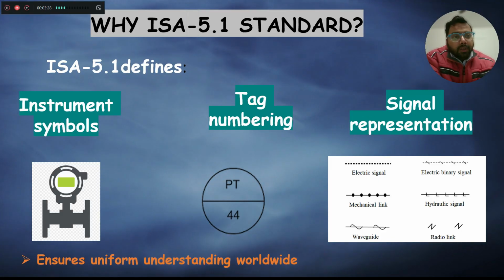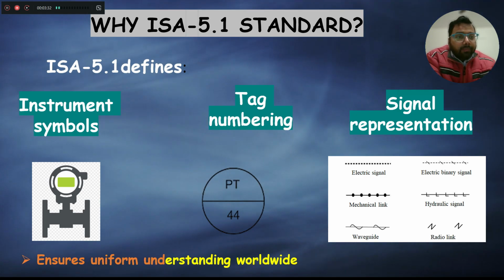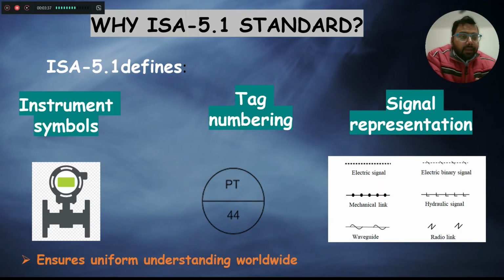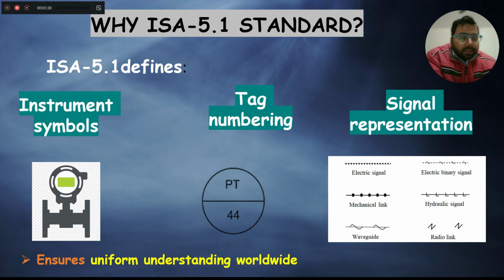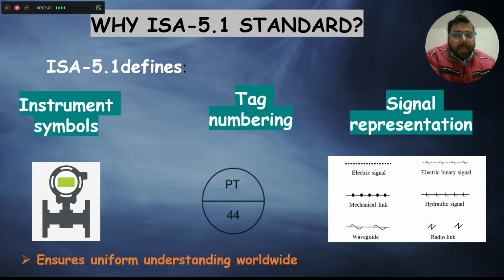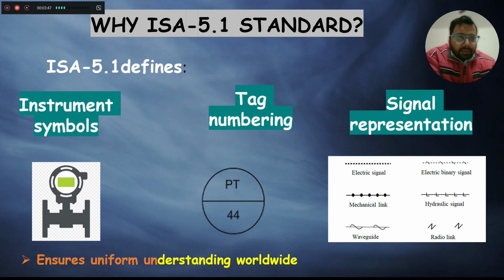What is the meaning of standard? A standard is something which equalizes, or makes equilibrium, across all parts of the world without bothering about the region. So ISA represents everything in symbols.